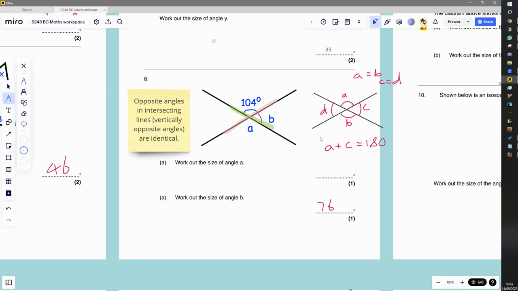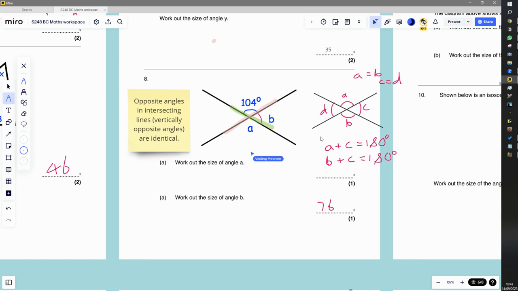We'll just say 180 degrees. And then that B plus C is equal to 180 degrees. And therefore, if A plus C is equal to 180 and B plus C is equal to 180, we should be able to see from there that A and B must be identical.